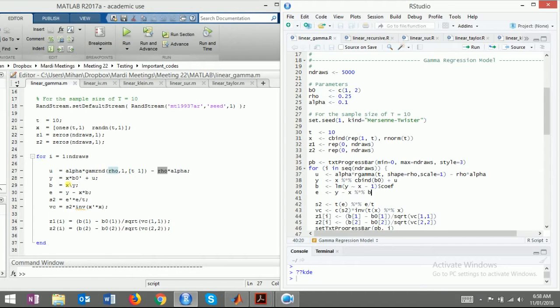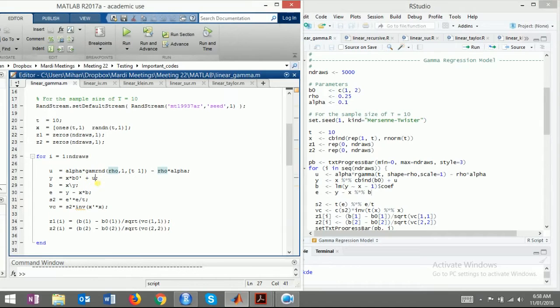Then y equals, with this information we estimate y, beta naught x plus u. Beta naught x means beta naught transpose, basically, because we want to give it a column shape. Beta 1 and beta 2 both come in here, plus u.